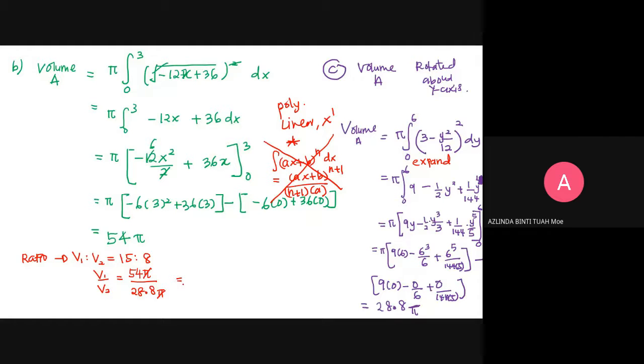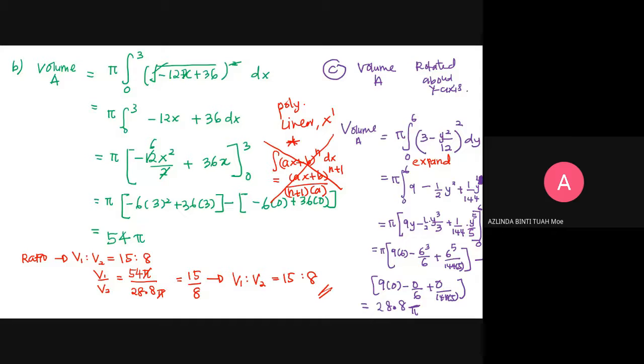What is it? 15/8. Okay, 15/8. Okay, rearrange or change the form. Change the form from divide to ratio. V1 ratio with V2 is equals to 15 ratio to 8.